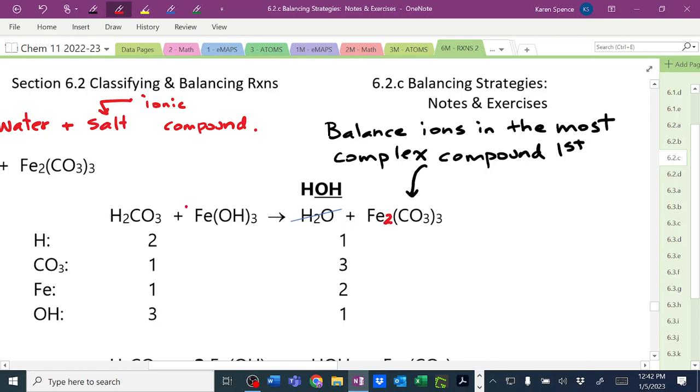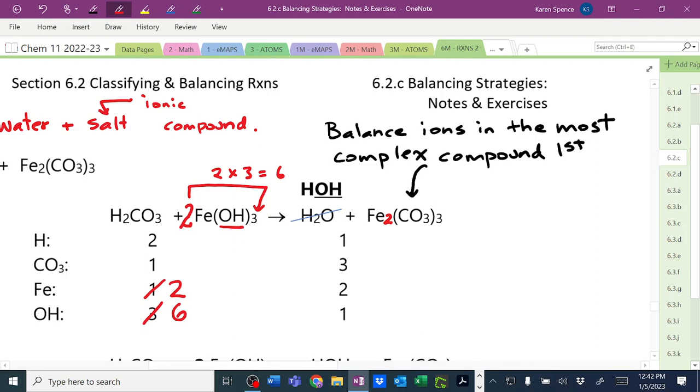So let's put a 2 here. That changes Fe to a 2, but it also changes hydroxide. How many hydroxides do we have now? We have 2 times 3 is 6 hydroxides. Excellent. So we've done the iron.